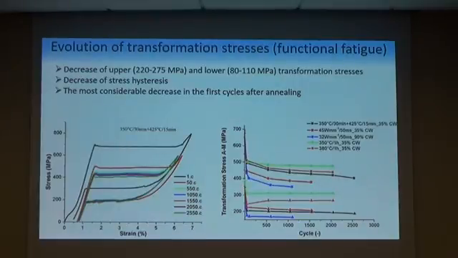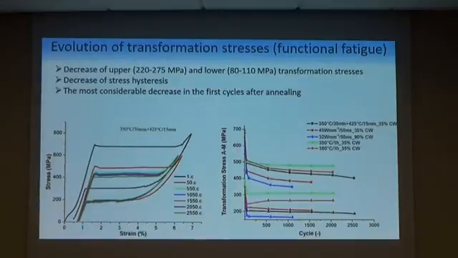However, we didn't observe any significant influence of heat treatment. For example, these black and blue wires, long-term annealing and pulse heating, show very similar decrease of upper transformation stress, about 275 MPa, but fatigue life, as you will see later, is absolutely different.